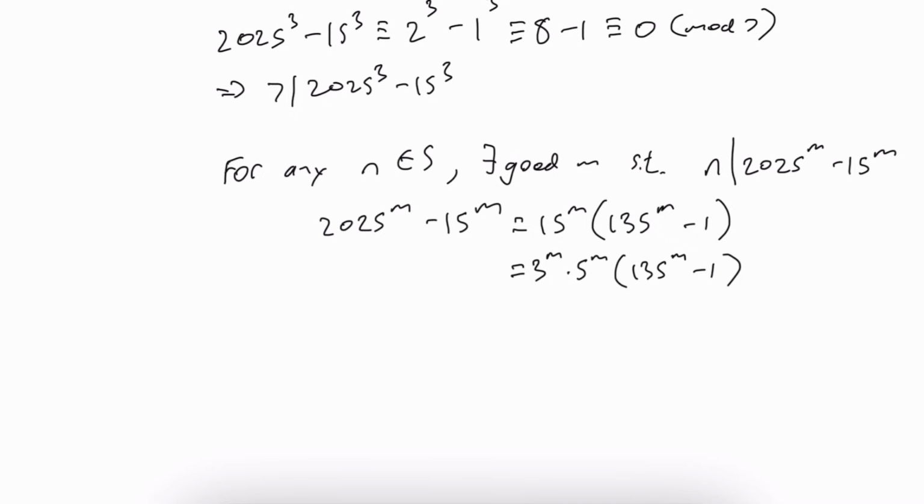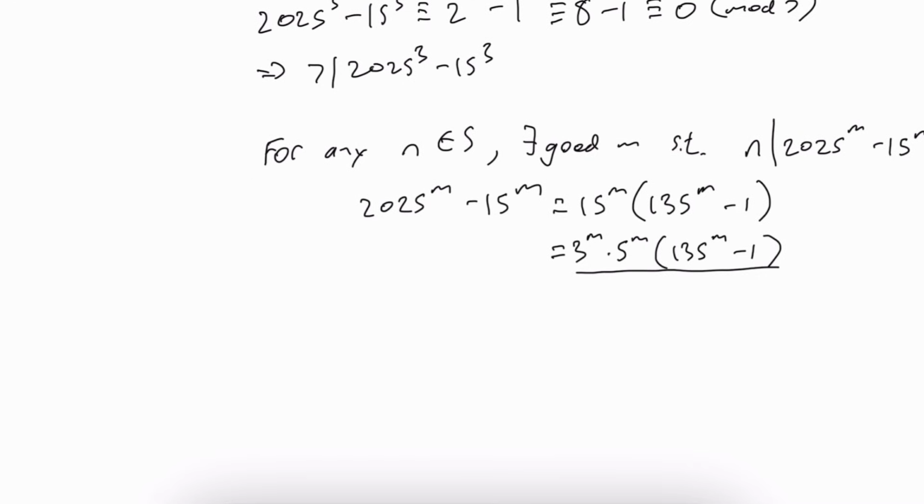So if we want n to divide this expression, then I guess if we write n also in this form, 3 to the A times 5 to the B times some C, where 3 and 5 both do not divide C. So these are the maximum powers of 3 and 5 that divide n.